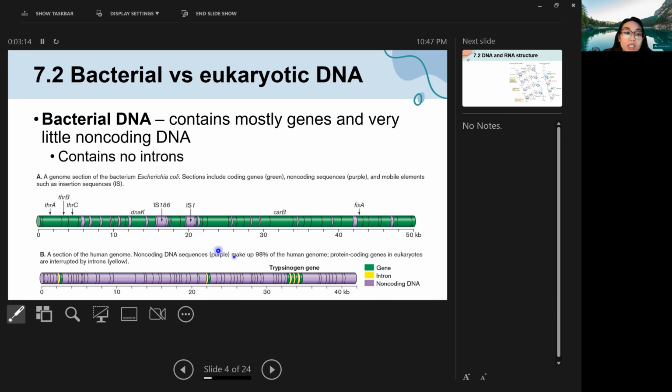Another thing that you're going to notice is that bacterial DNA has no introns, the way that eukaryotes do. And so they don't have to do any splicing during protein synthesis. So when they convert from DNA to RNA, that RNA is ready to go. There's no splicing needed. So yeah, good for them.